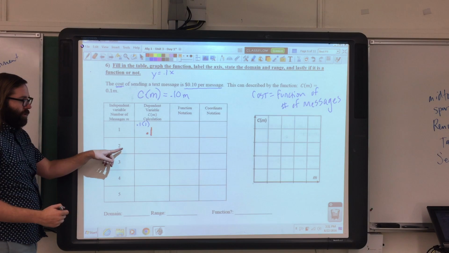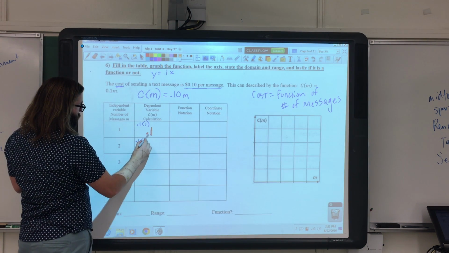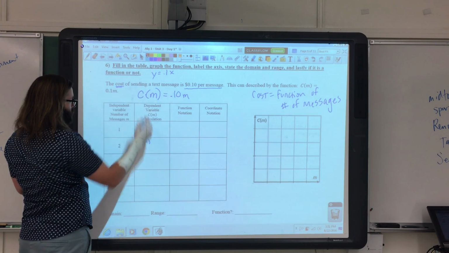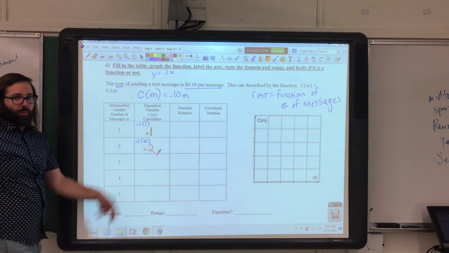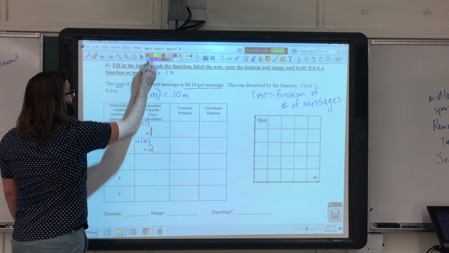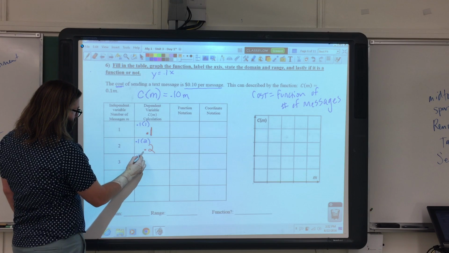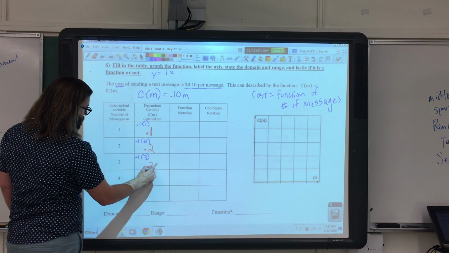Let's say we have two messages. This is going to be 0.1 times 2, which gives you 0.2. 3 messages, 4 messages, you guys fill these out. See this pattern? It's going to be 0.1 times 3, which is 0.3.